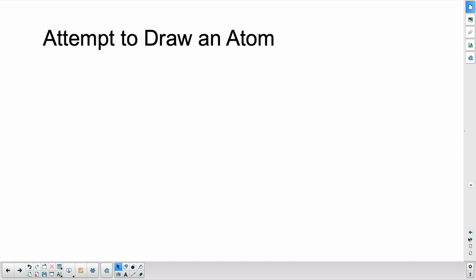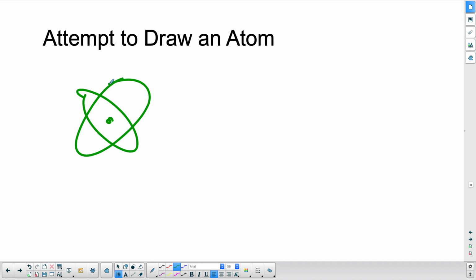Okay, I bet if you say atom and draw a picture, you're going to come up with that classic Jimmy Neutron type thing that has a dot in the middle and some loops around it. Smile and nod if you drew something like that in your notebook. Okay, that is a pretty good model of the atom. We're going to improve that as we go in these next couple weeks.